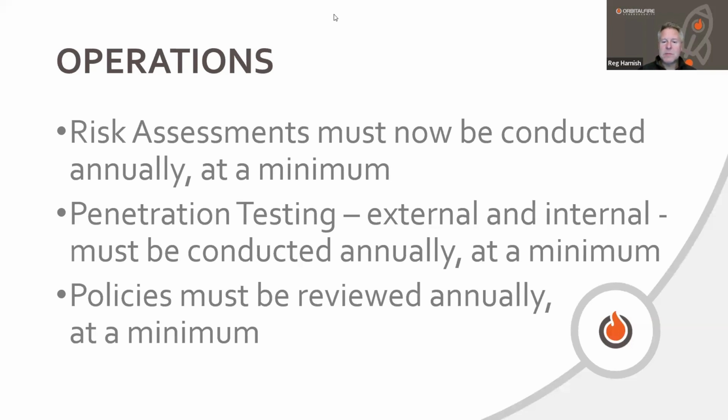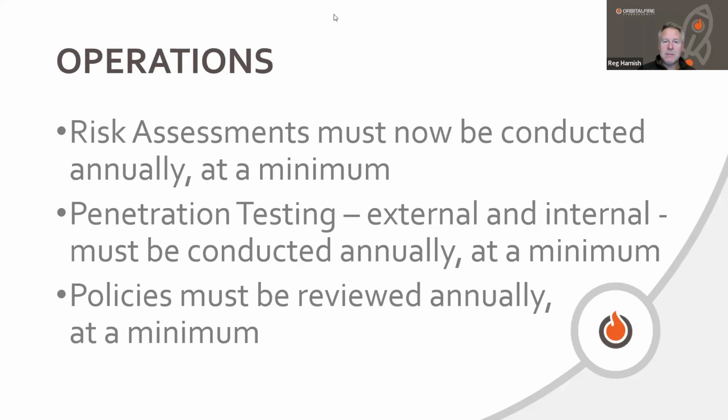And then policies must be reviewed annually. Again, the prior amendment left it up to the covered entity to figure out how often policy reviews should be conducted. Now it's got to be done at least once per year. We like this as well because just the way the world goes, in particular smaller businesses who tend to become bigger businesses or medium-sized businesses, a lot changes, right?